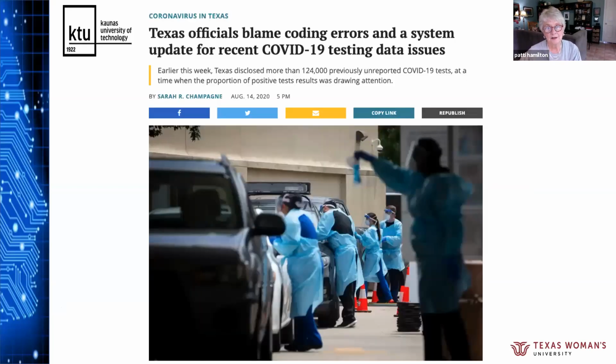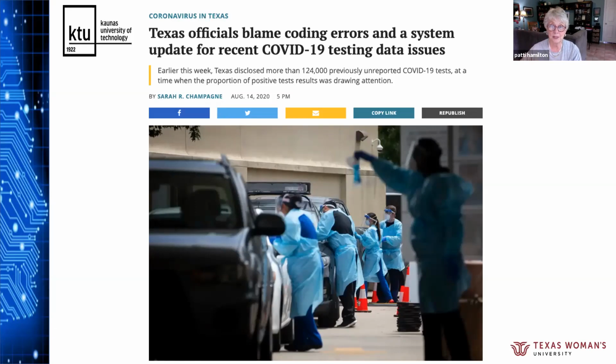But I'm not here because we've solved all the problems facing informatics in the United States, and especially here in Texas. We have a great many areas for improvement, and certainly we've learned some valuable but painful lessons managing the pandemic.